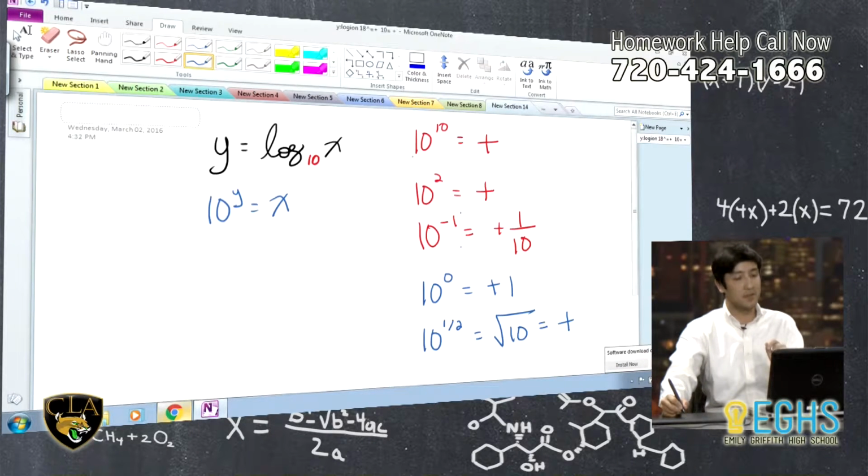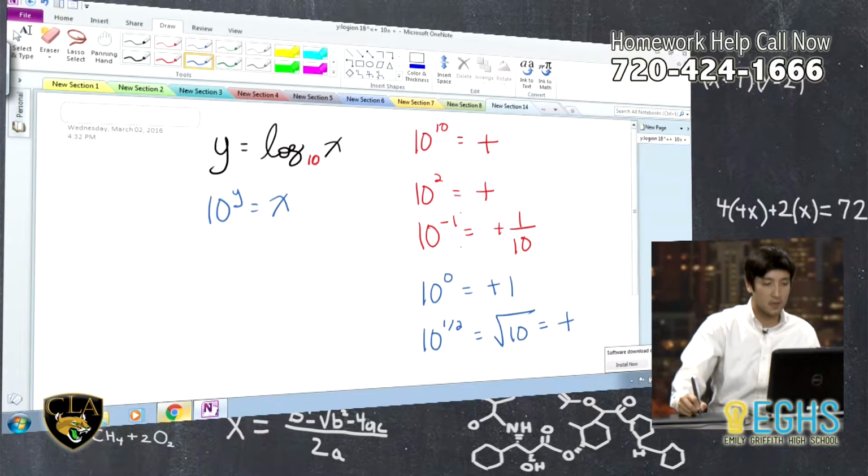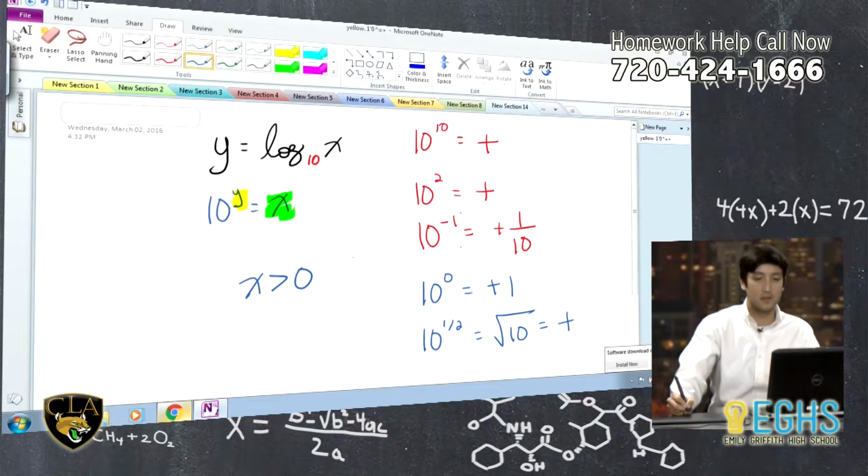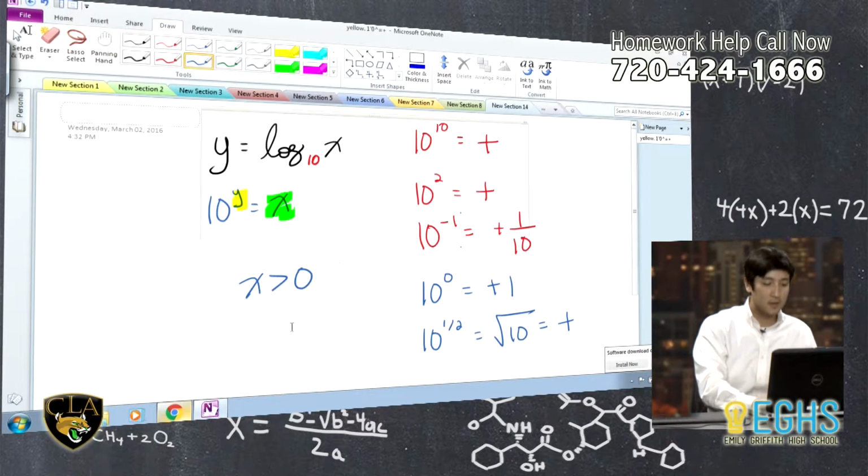And one thing I almost forgot to mention, there is no exponent you could plug in for y here that would make x here 0. So your domain is x has to be greater than 0, not equal to it. And you can also see this graphically.